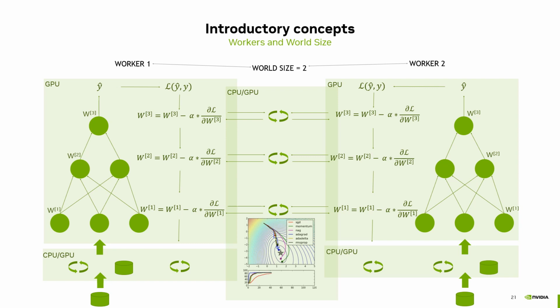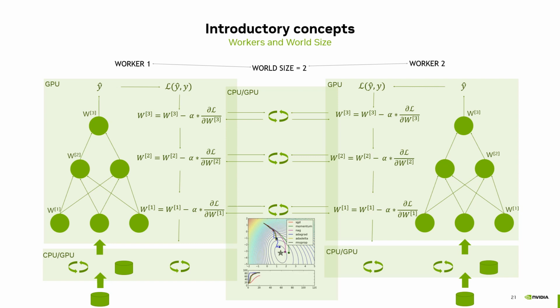Before I start explaining how DDP works in PyTorch, let me give some small vocabulary, some terms that we need to know beforehand. First of all, the concept of worker. For those who are familiar with other parallelism structures or parallel computing, a worker is the same as a process.